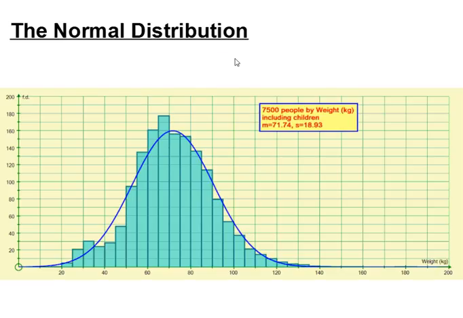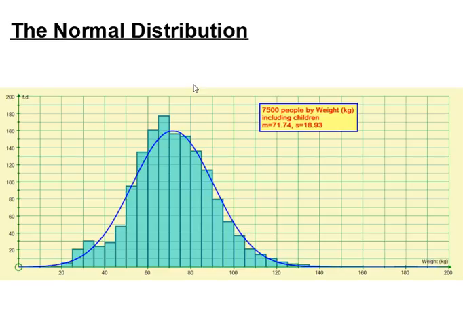Yeah, kind of. Well, the normal distribution is a classic bell-shaped probability density function, which fits many types of data from the real world. You can see an example here, which is weights of 7,500 people.